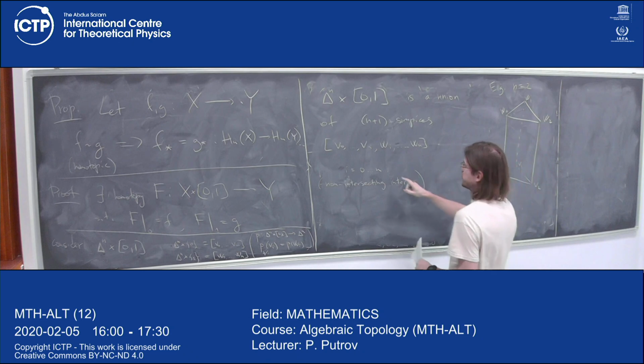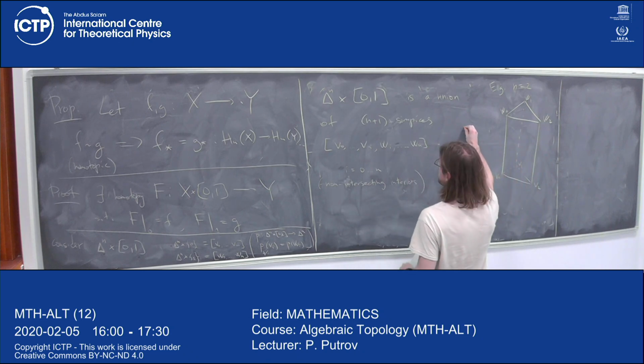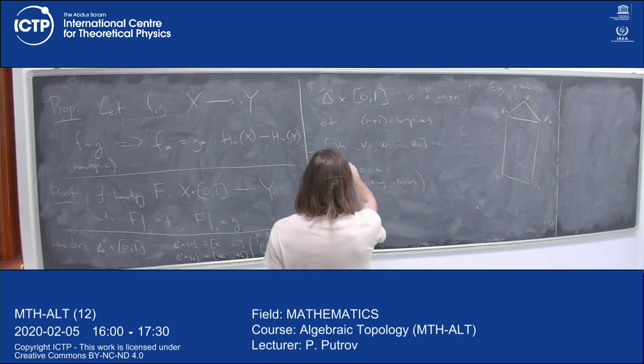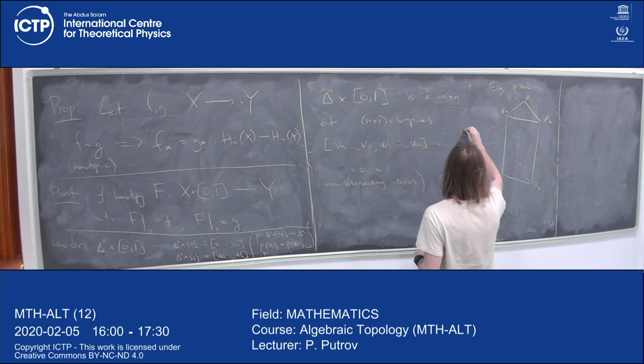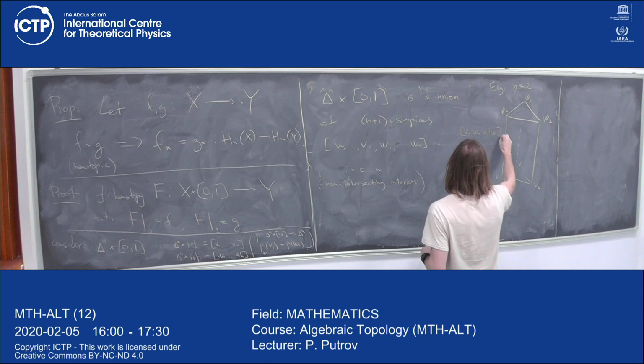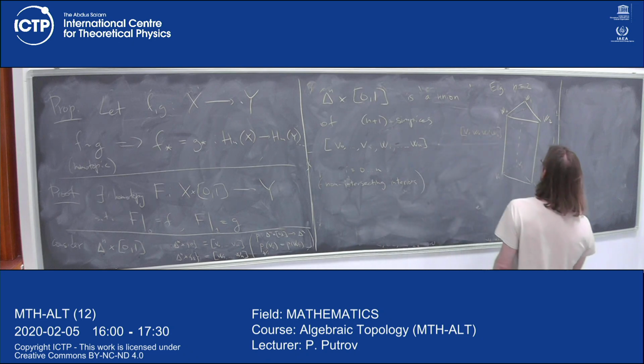So first, when i equals 0, it will be V0, W0, W1, W2, and this is this simplex.